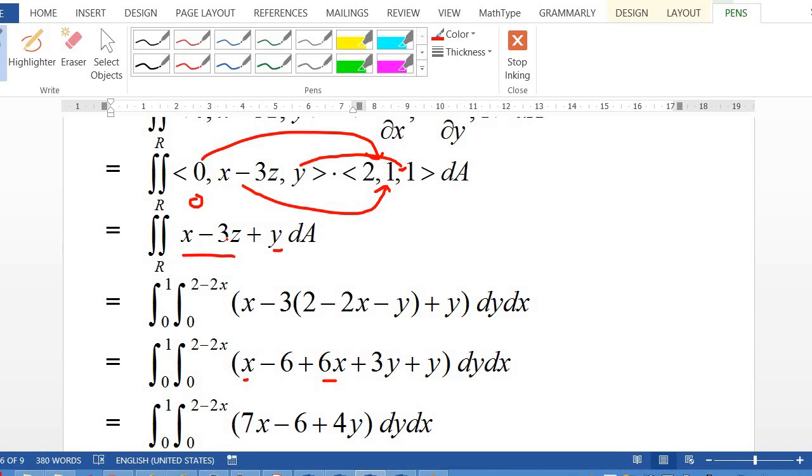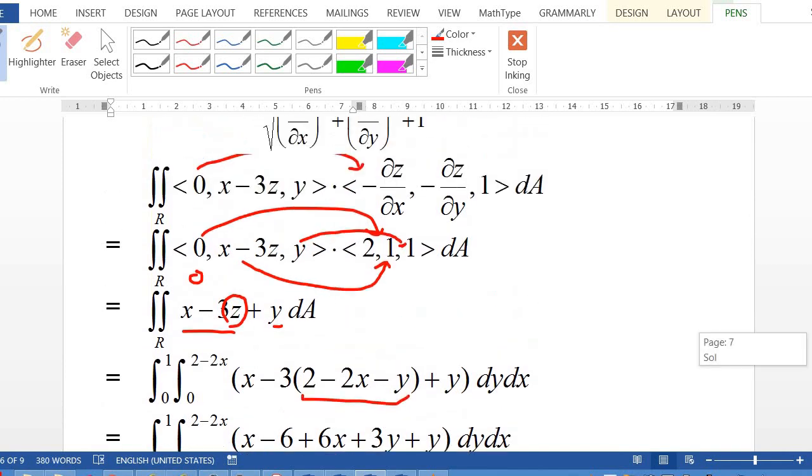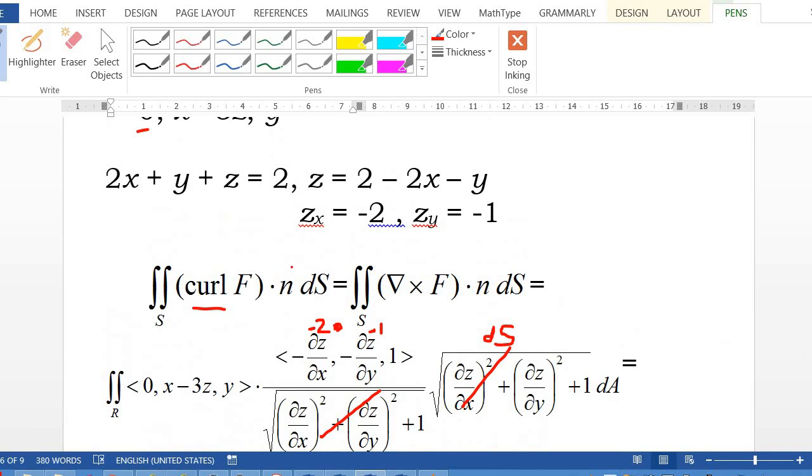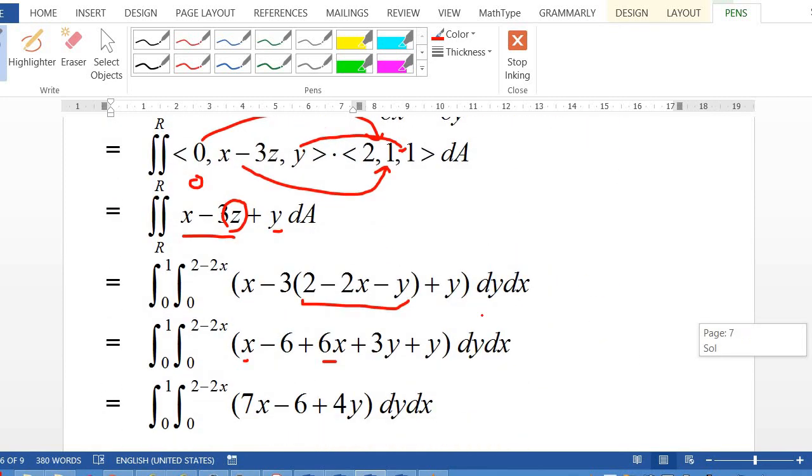And then before you solve the double integral, make sure to replace back z, which is actually 2 minus 2x minus y. Because from the surface integral, we reduce it to a double integral, so the z you must express in terms of x and y.